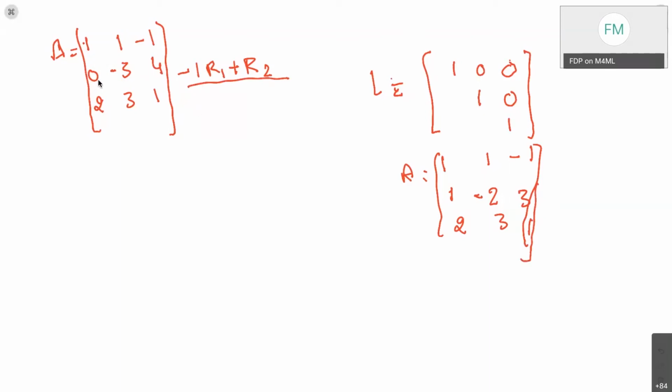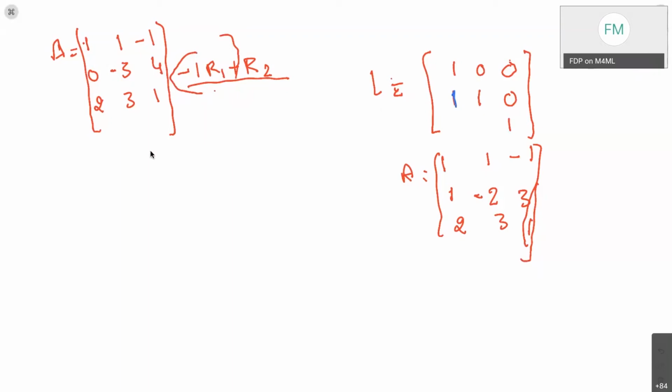Now what we do is take the negative of this and place it in the matrix. Negative of minus 1 is 1. So I'll just represent this as a new value.